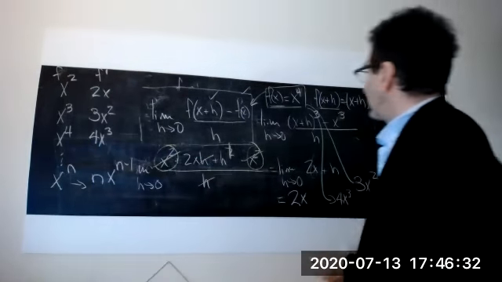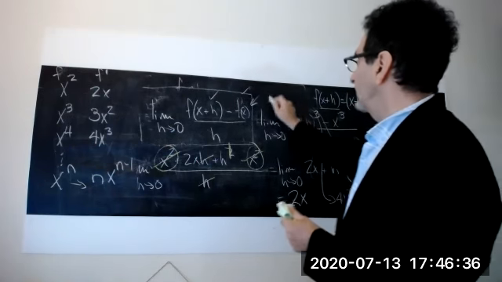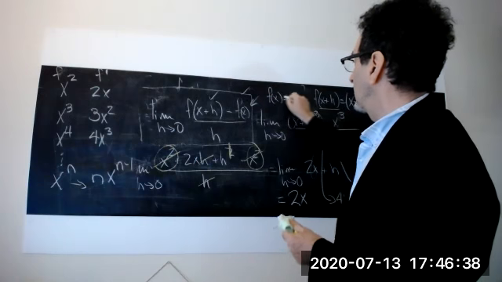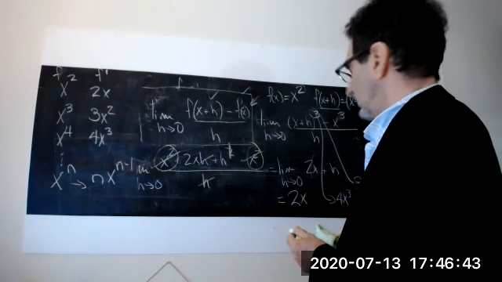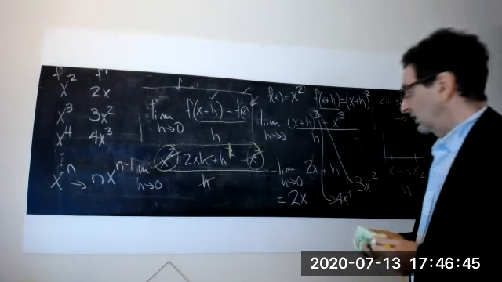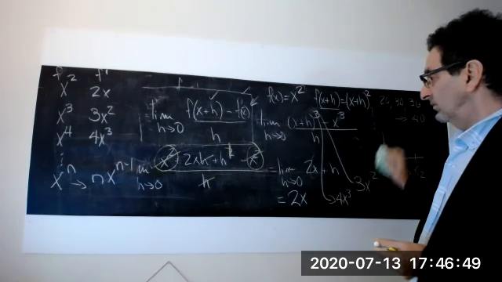So instead of the original function being x squared, I need more space here, so I'm going to erase here.